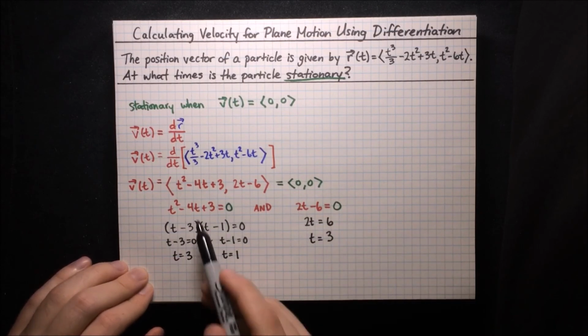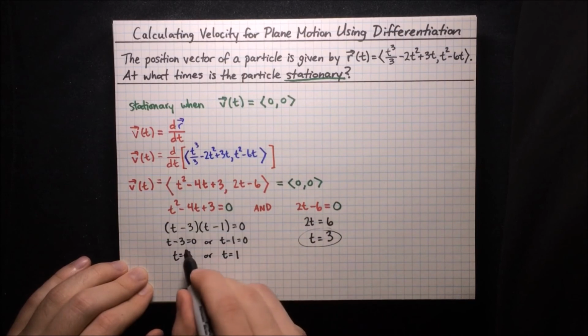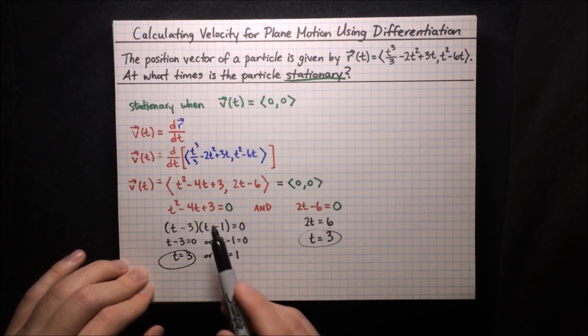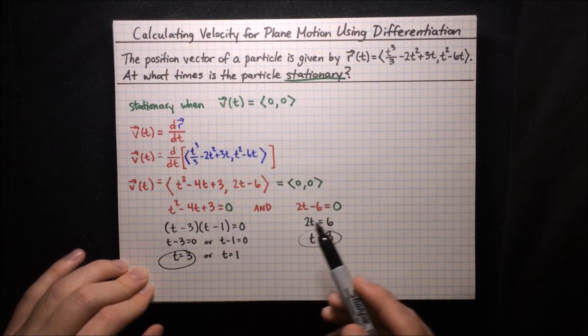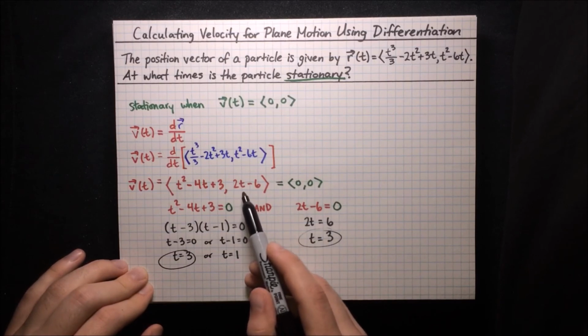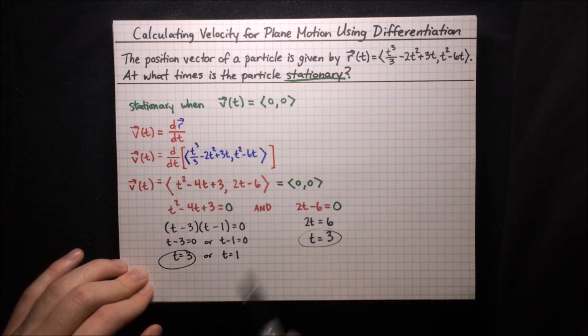Now, since we need both equations to be satisfied, we need to choose t equals 3. At t equals 3, both components are 0, whereas at t equals 1, only the first component is 0. The second component would not be 0. Actually, if we plugged t equals 1 into the second component, we get 2 times 1 minus 6, which would come out to negative 4, which is definitely not 0.